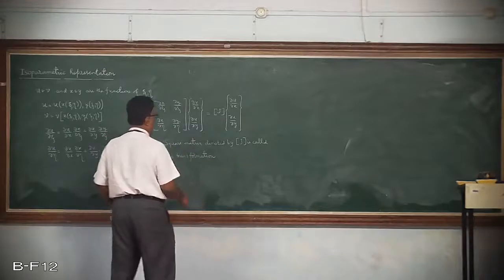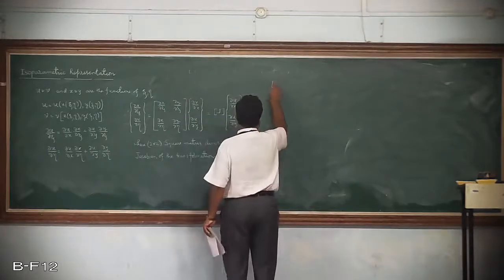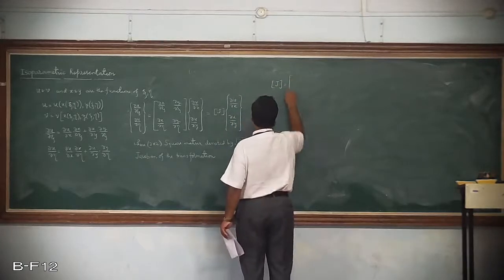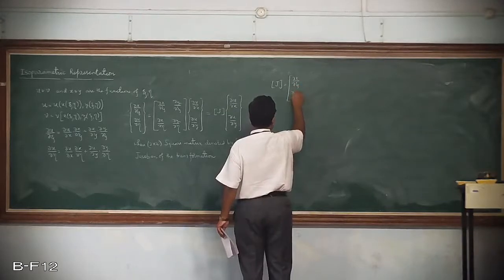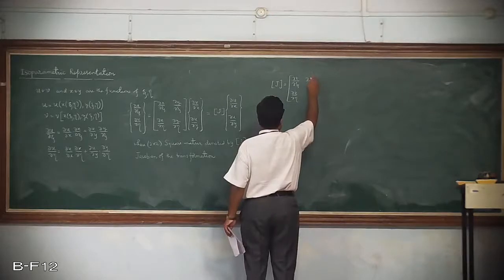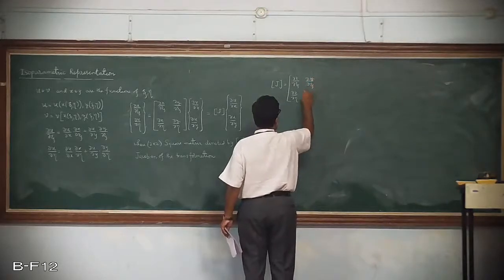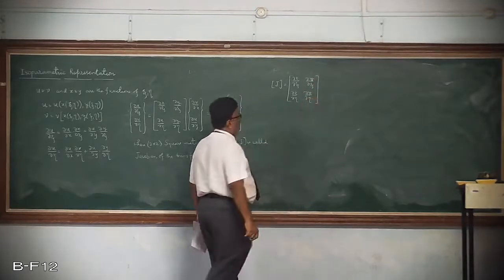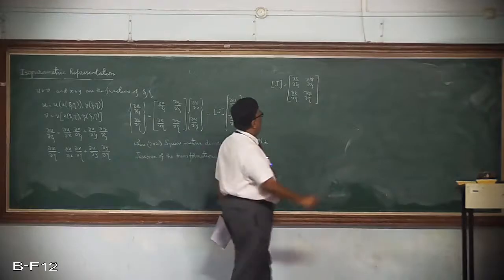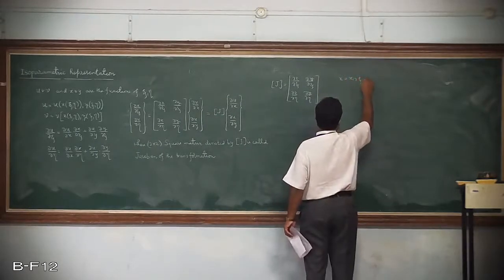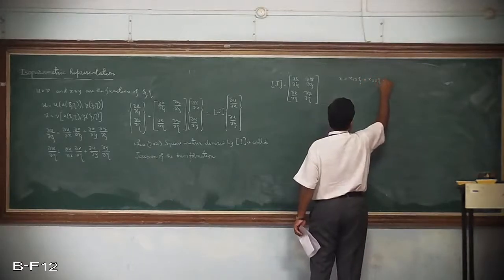So if I want to write it separately, J is given by dou x by dou zeta, dou y by dou zeta, dou x by dou eta, dou y by dou eta. Now, just to give you one sample, you know that x is equal to x13 zeta plus x23 eta plus x3.